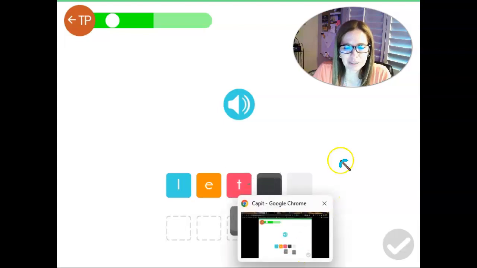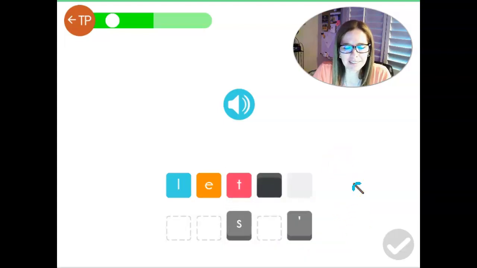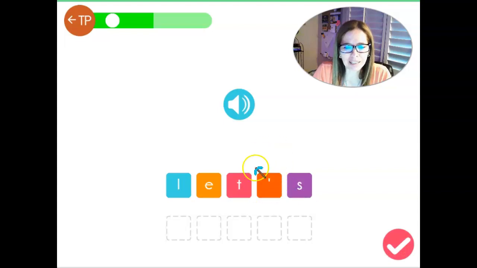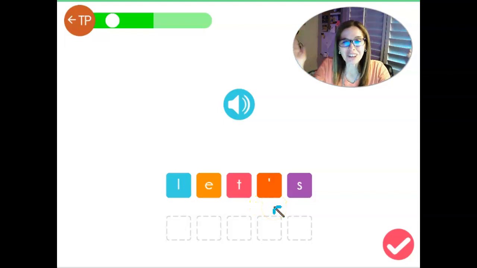And once again, it reminds me that I need to have that apostrophe take the place. If I was spelling let us, there would be a u right here, wouldn't there? But those letters smashed together so hard, some letters popped out, and that apostrophe took their place. And that's a good way to remember where to put the apostrophe when you're spelling contractions.